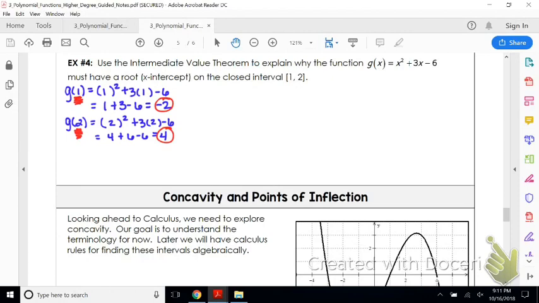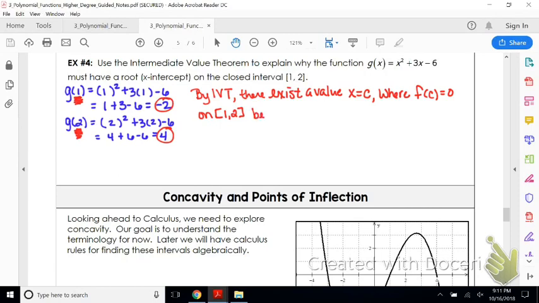So it said to explain it. So by the intermediate value theorem, which we're going to abbreviate IVT, there exists a value x equals c where, when we plug that c value into our function, g of c is equal to 0 on our interval from 1 to 2.